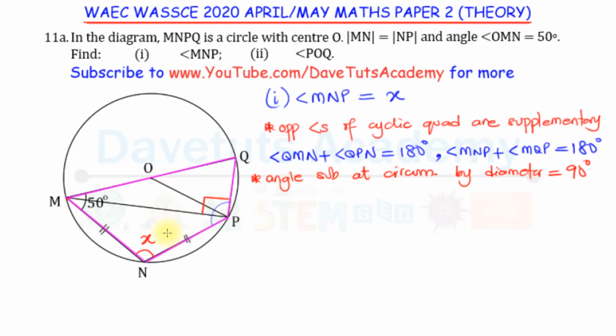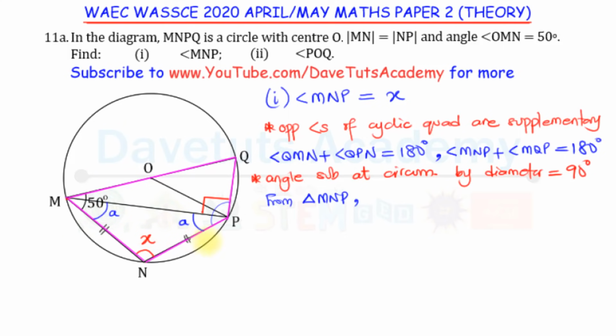Okay, then in the question we are told that line MN is equal to line NP. So MN here and NP, they are equal. And what is the implication of that? From the triangle MNP, we can see that this particular angle and this particular angle are going to be equal. So if I call this A, this will also be A. Why?